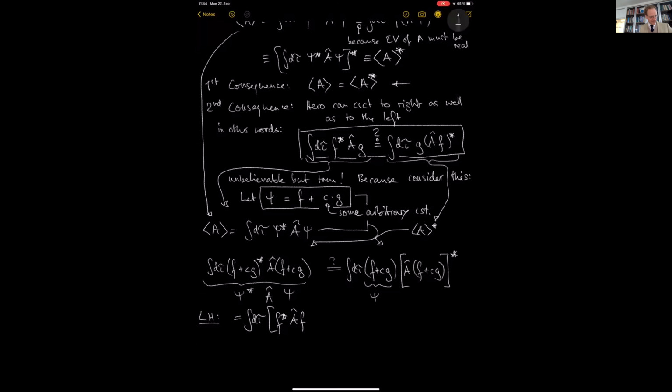Then we take the CG, and this CG carries a star. So I have a star, the complex conjugate of C, and the complex conjugate of G, and that has to be multiplied with A acting on F again. So that's the first two terms, and then I have two more terms.